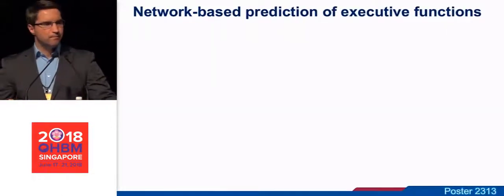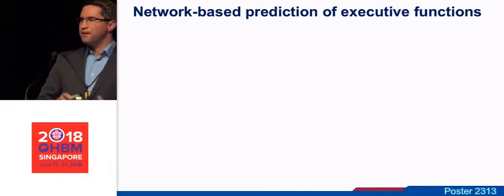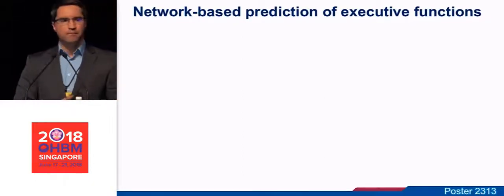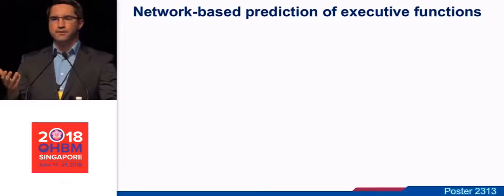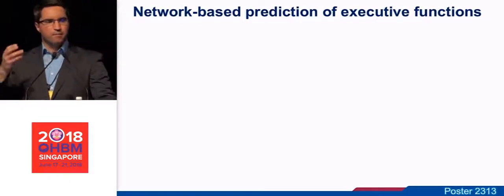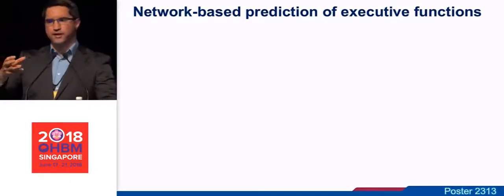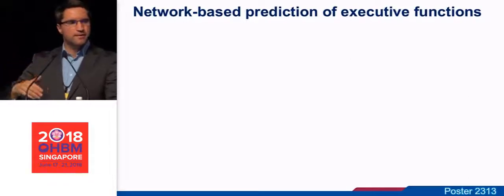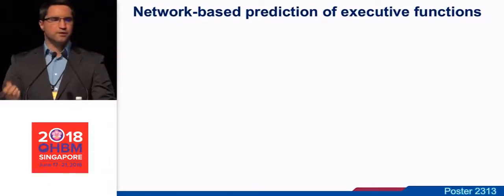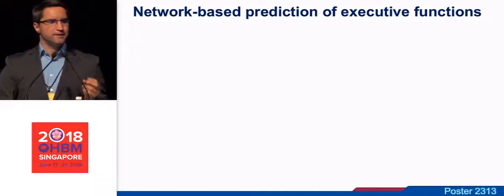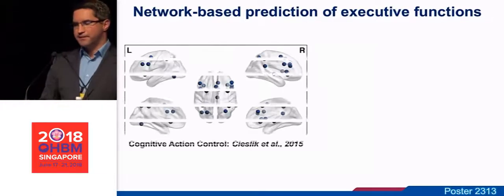Let me show you another example, very much along the same lines, but now we're not doing a binary classification. We're not asking how much this network differentiates patients from controls, but trying to predict individual phenotypes from network-specific connectivity.